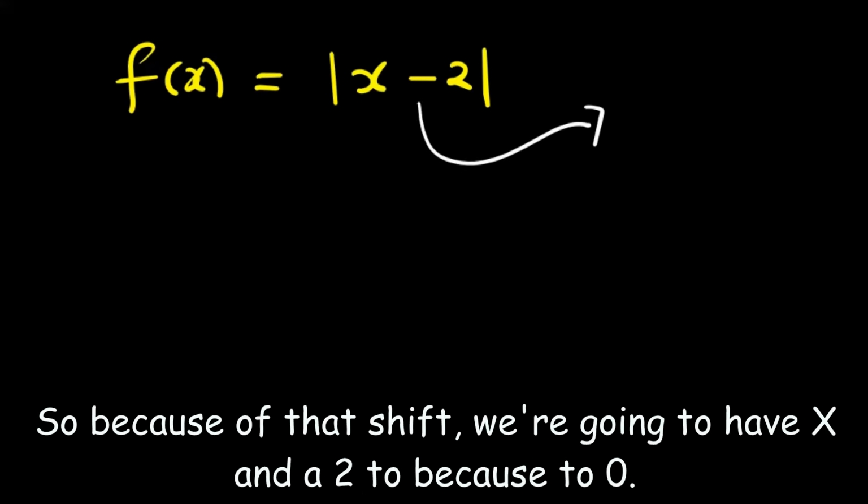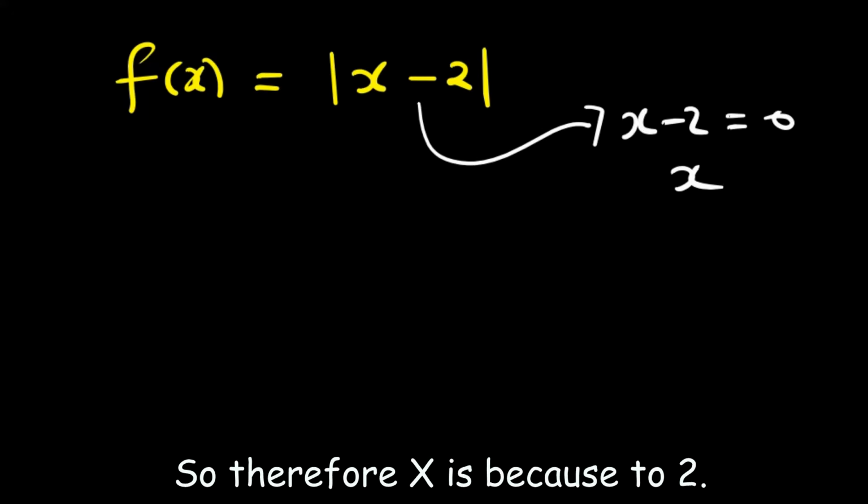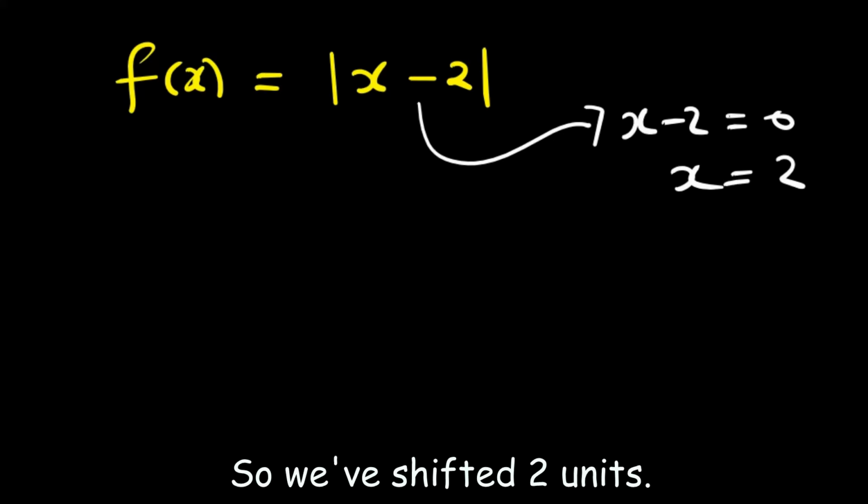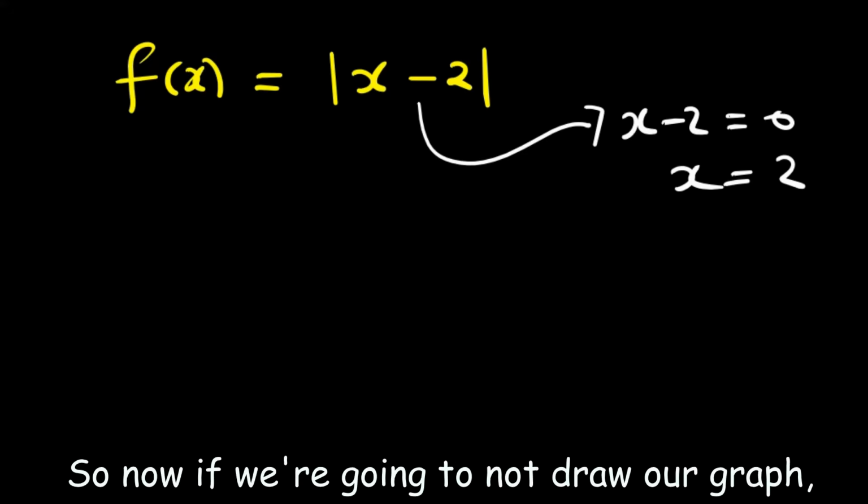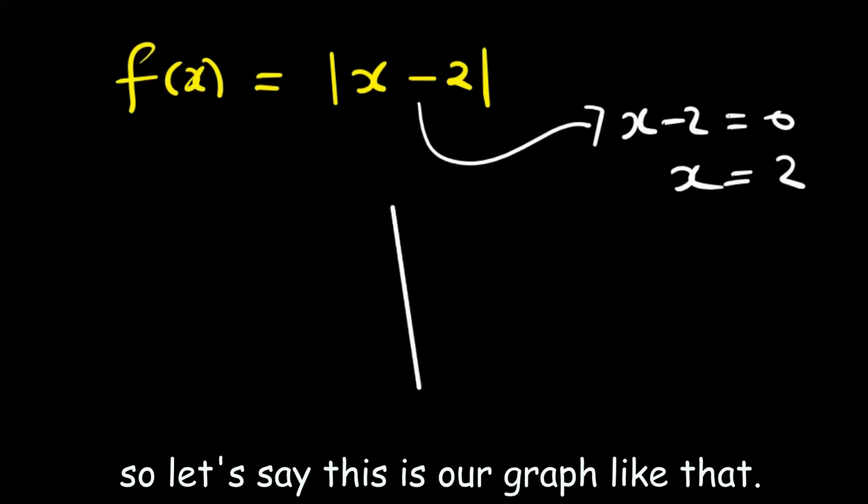Because of that shift, we're going to have x minus 2 equal to 0, so therefore x will be equal to 2. So we've shifted 2 units. So now if we're going to draw our graph, let's say this is our graph like that.